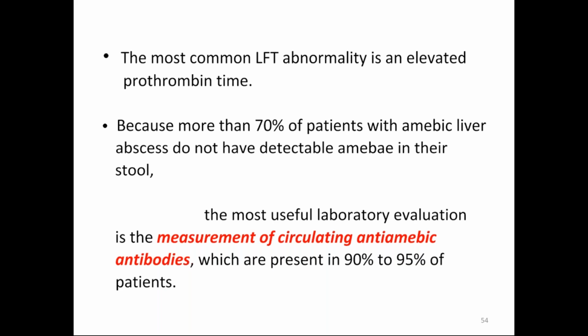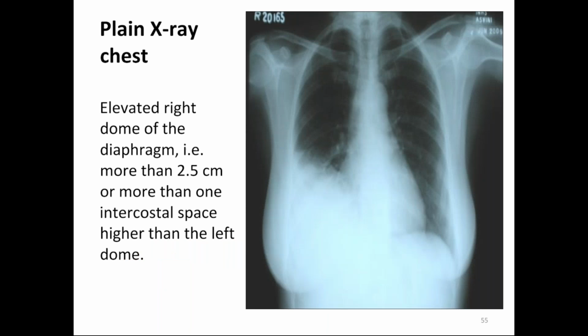So any hepatocellular injury, be it in hepatitis or cirrhosis or hepatic failure, the prothrombin time gets increased. And the other important laboratory evaluation is circulating anti-amoebic antibodies. So these will be present in about 90 to 95% of the patients.